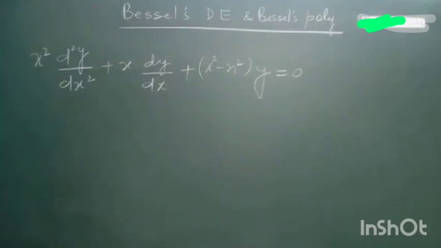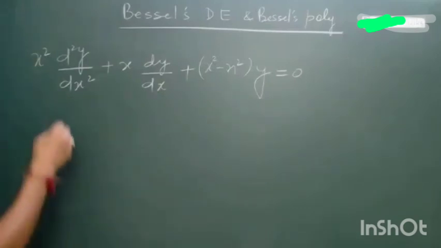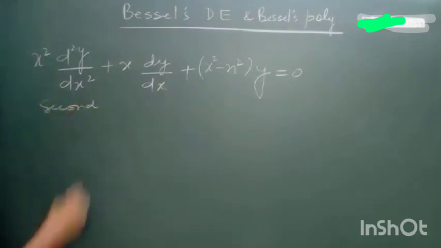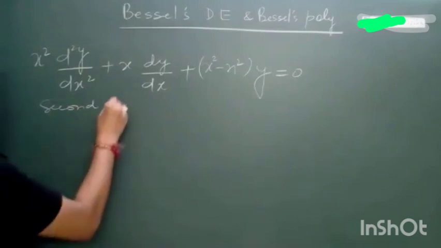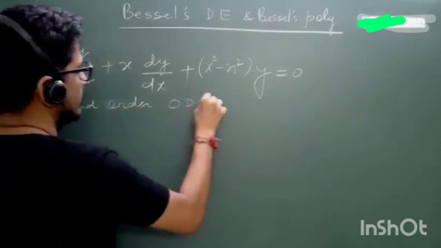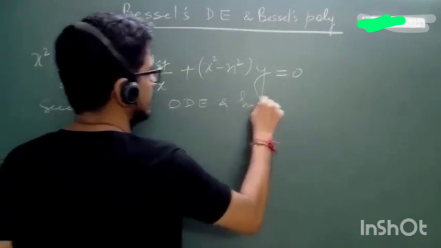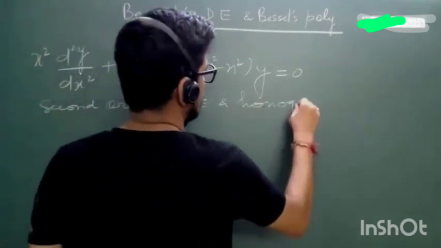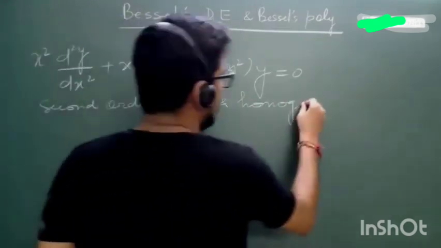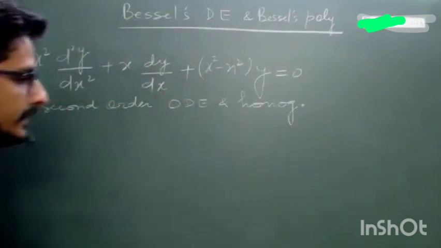This is the Bessel's differential equation, and you know this is a second order differential equation. All of the special differential equations are second order ordinary differential equations and also homogeneous, because you know the right hand side part is 0.